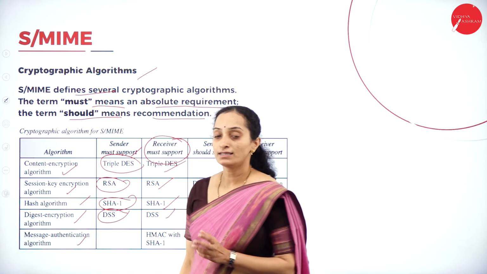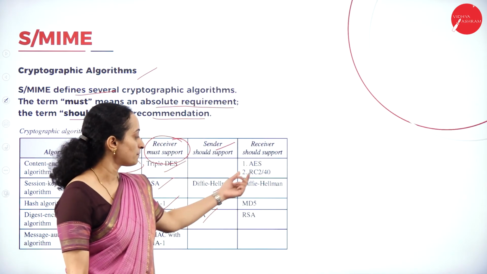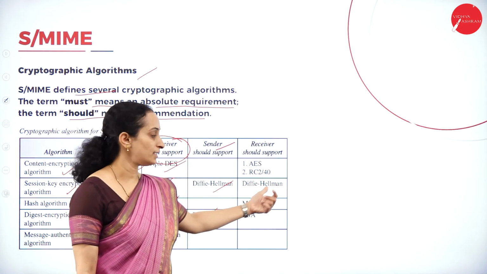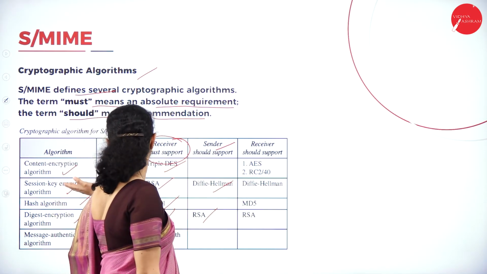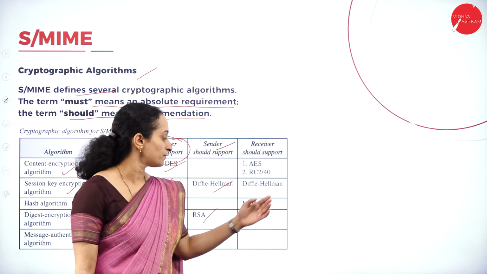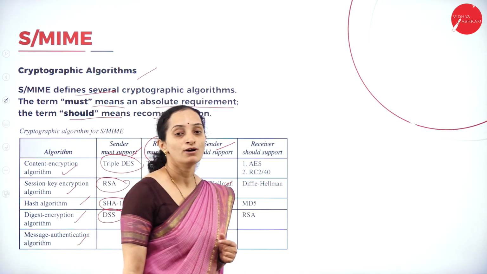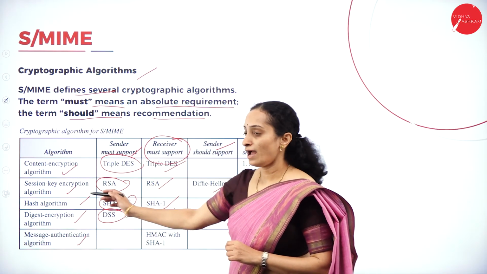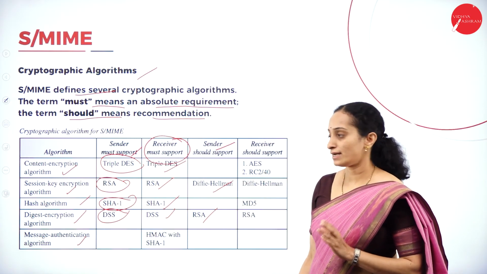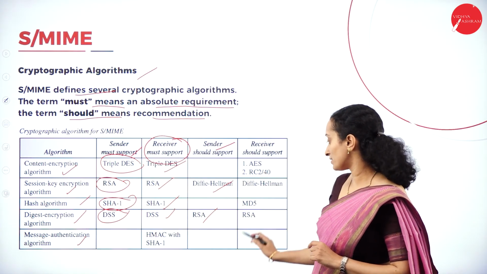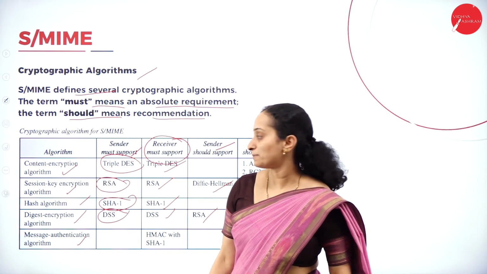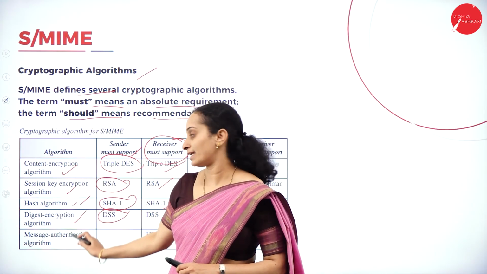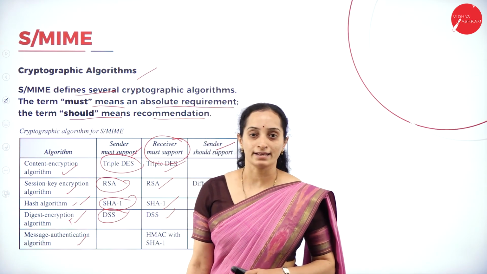The receiver can use the algorithms AES and RC2/40 or Diffie-Hellman for session key encryption, or MD5 for generating the hash function, or RSA for digest encryption. This is for digest generation and this is for digest encryption.